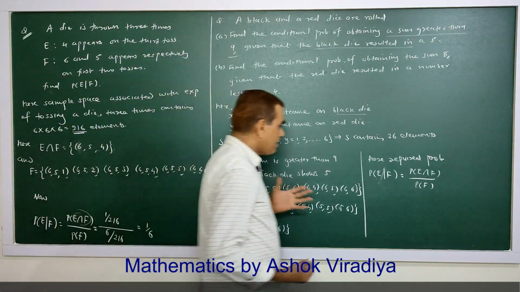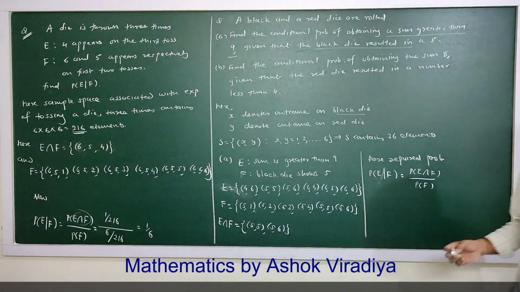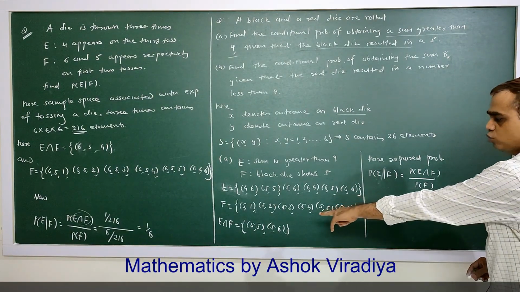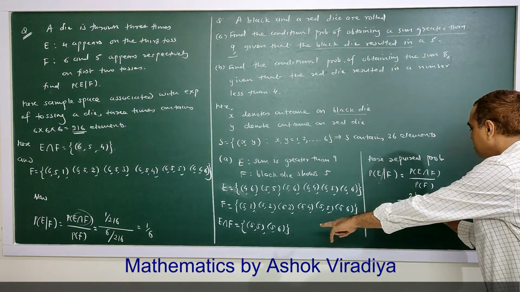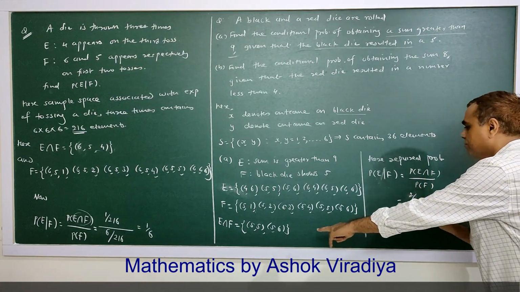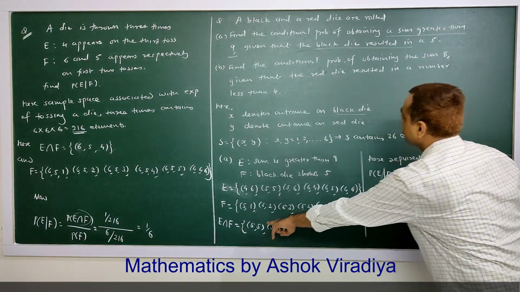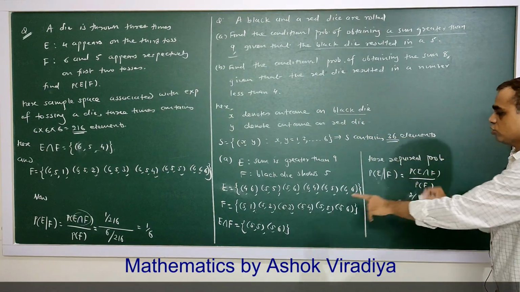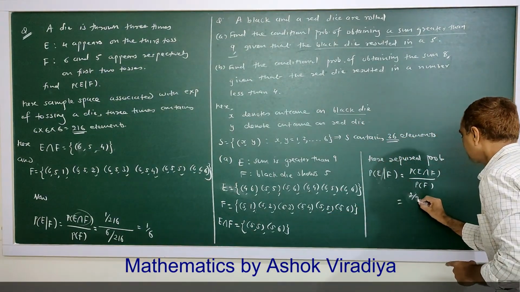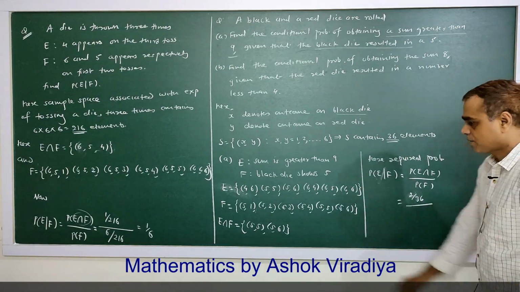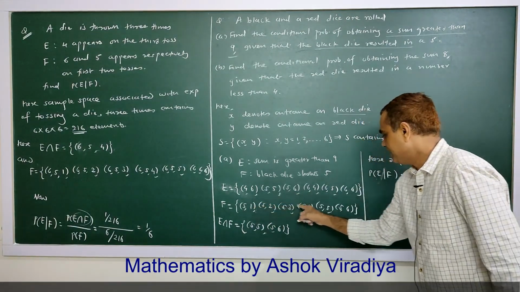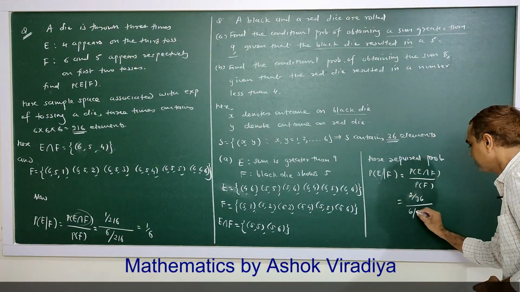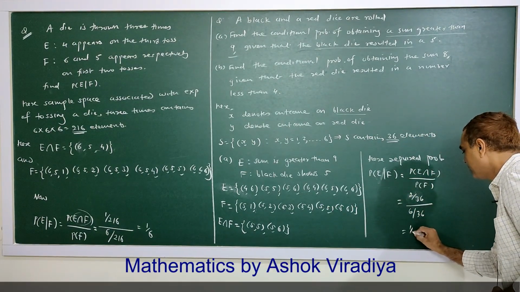So the probability of E given F is the probability of E intersection F upon the probability of F. The probability of E intersection F is 2 by 36, since the sample space has 36 elements. So it is 2 by 36 upon the probability of F. F has 6 elements, so 6 by 36. So this is 1 by 3.